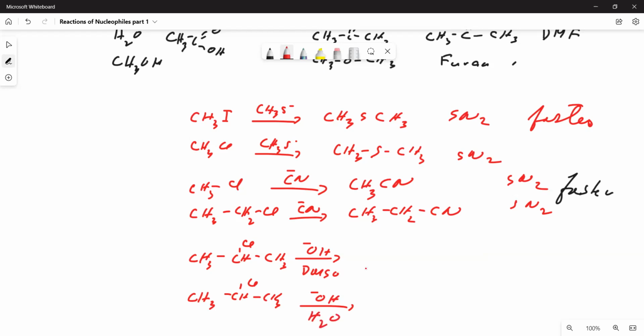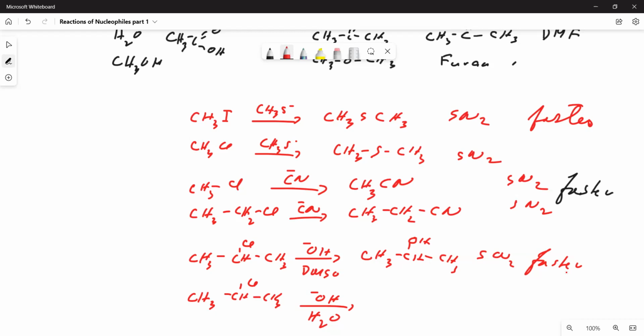They will produce the same product, isopropyl alcohol. But the SN2 reaction is faster if you use a protic solvent, because this will make the nucleophile more basic, more nucleophilic. So therefore, this will be faster than the second reaction. So that is in terms of the solvent effect.